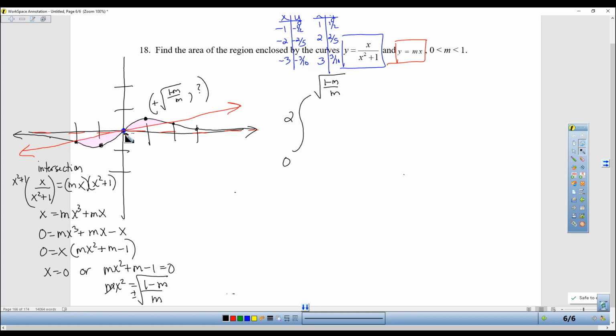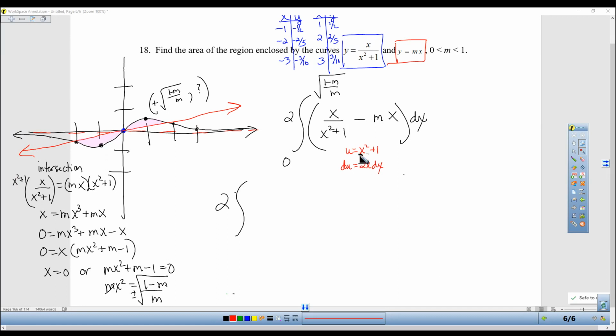Which curve is on top? The x over x squared plus 1 curve is on top, and then the mx is on the bottom. dx. This is still a hard problem because I still have a hard integral. So in order to do this integral, I'm going to let u be x squared plus 1, which would mean that du is equal to 2x dx.